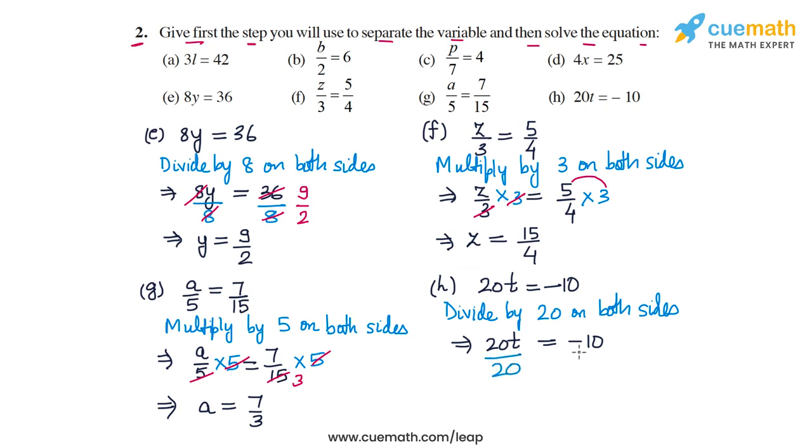So like this. Now on the LHS, the 20s will cancel out. On the RHS, 10 by 20 is 1 by 2, and we keep this minus sign. So we get t on the LHS equal to minus 1 by 2 on the RHS. So the solution in part H is t is equal to minus half. And with that, all 8 parts of question 2 are done.